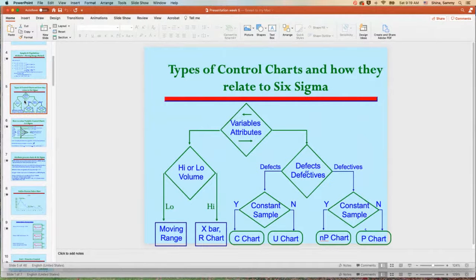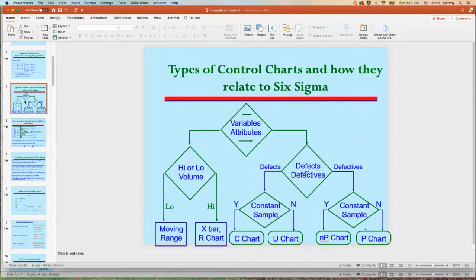So I'll start again, and I'm reviewing here. I start again by looking at the different types of control charts. These are slides from the presentation of week 5, last week's presentation. So there are attribute control charts, and there are defect or defective control charts.